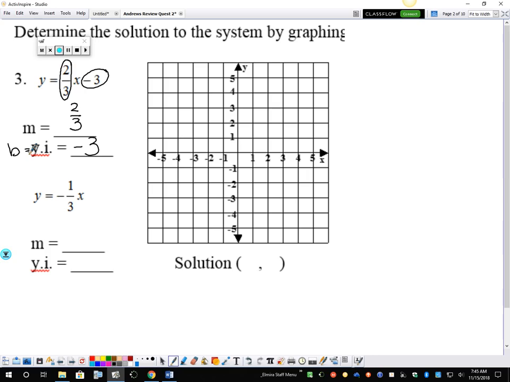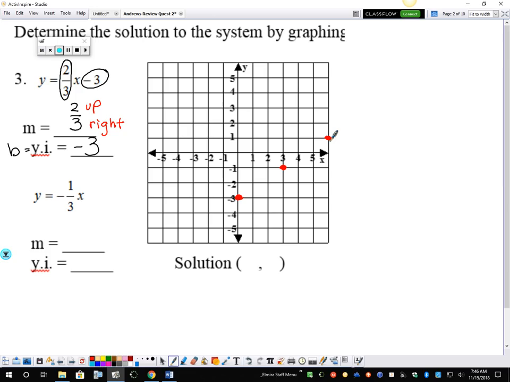Okay, so we begin with a dot on -3. Our slope being positive means we're going to go up 2 and 3 to the right. So starting on that -3, M for move, up 2 and 3 to the right. And we're going to put another dot. Up 2, 3 to the right, and put another dot.